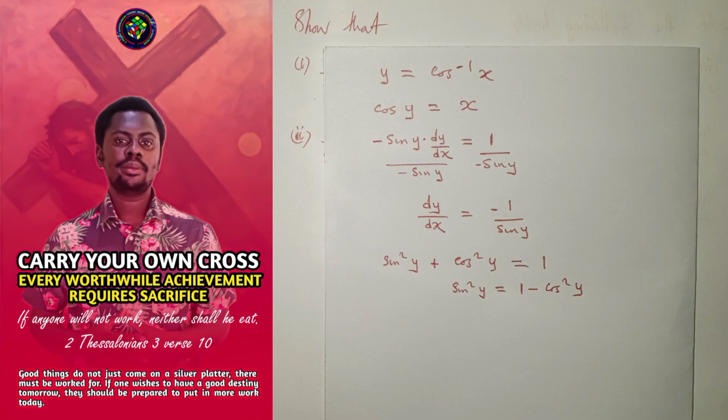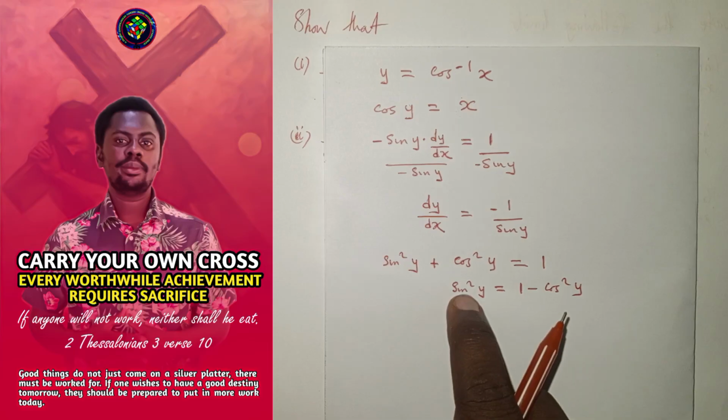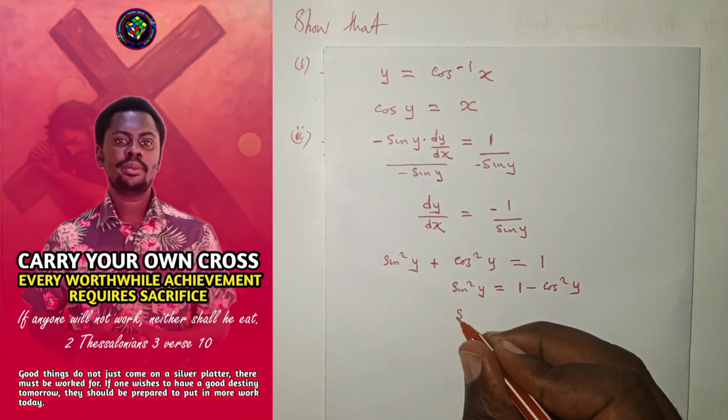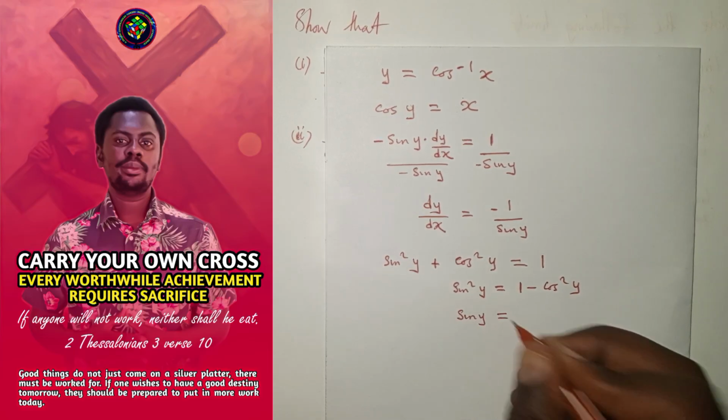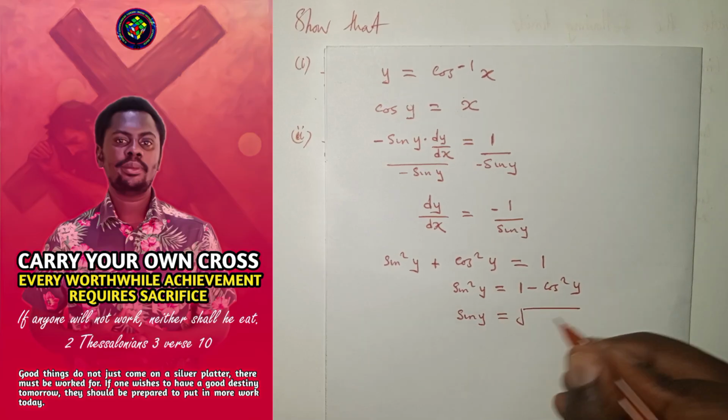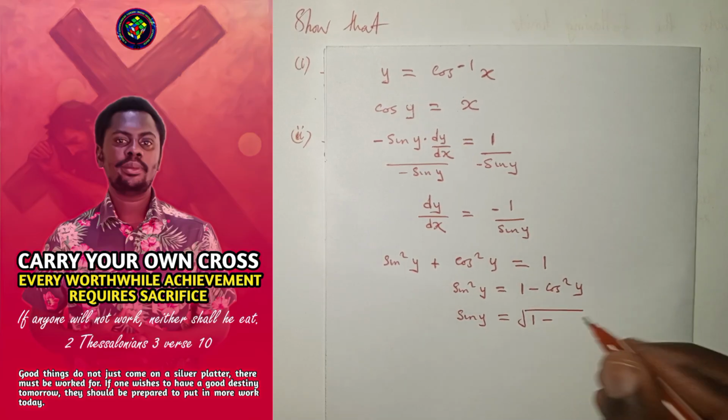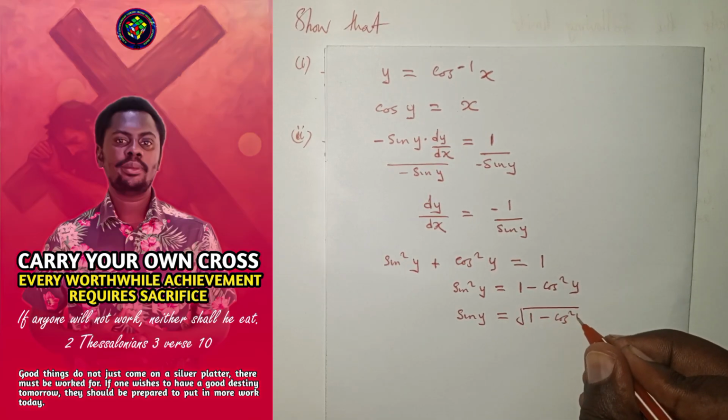Then to remain with sine y, we are going to square root both sides. So if you square root this side, we remain with sine y equal to the square root of 1 minus cos squared y.